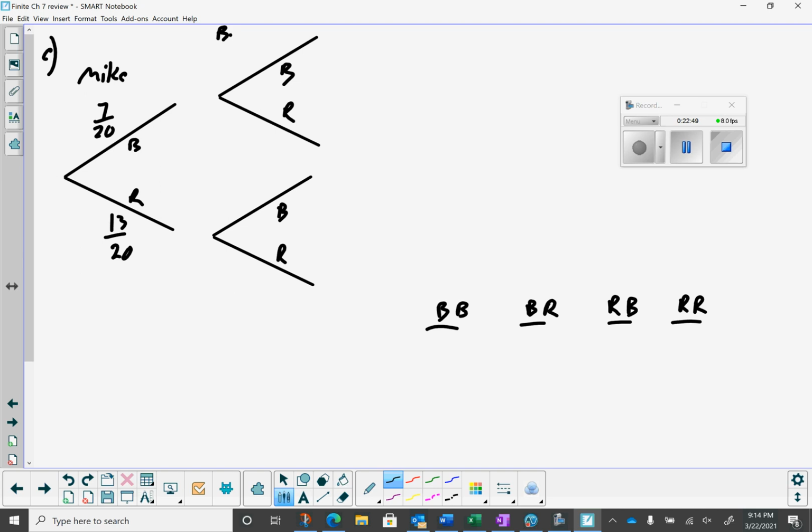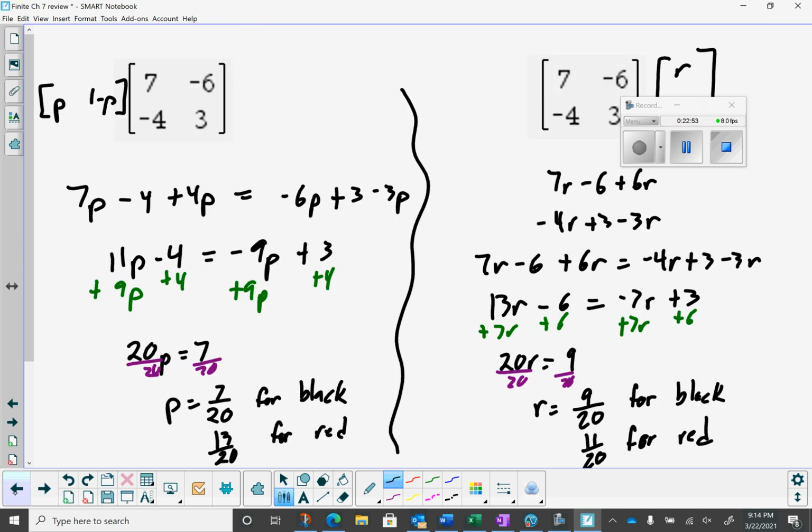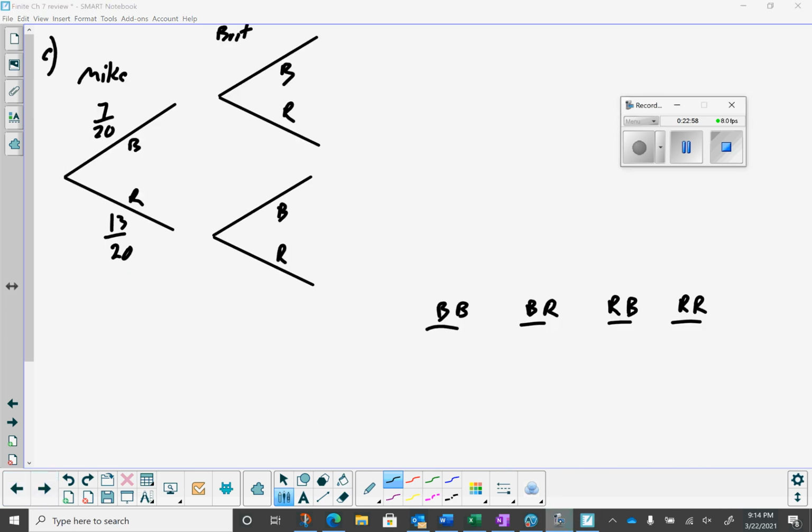And then for Brit, we have to duplicate these. 9 out of 20 and 11 out of 20, 9 out of 20, 11 out of 20, and do the lovely multiplications here. Again, common denominator, that just makes it easier.